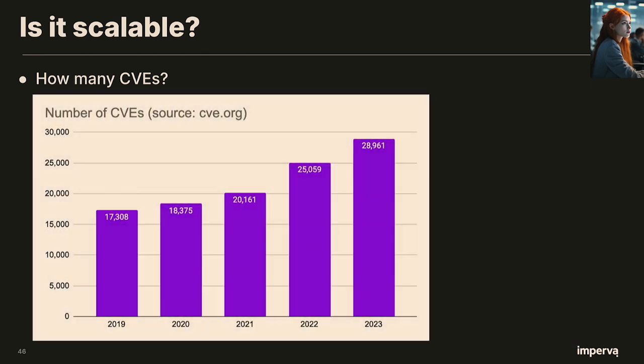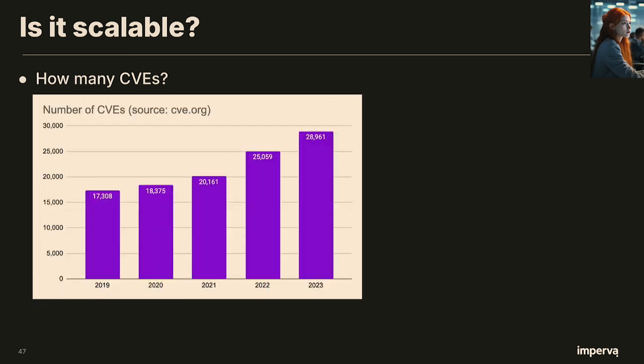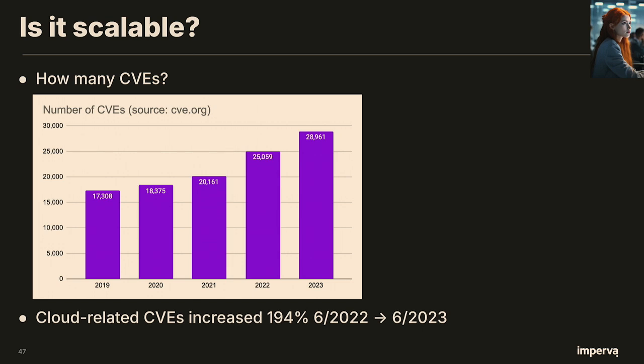And the answer is that, according to CVE.org, we have something like 100 vulnerabilities that are published every day. And it's, of course, increasing with time. So according to one research, from 2022 to 2023 in June, it increased twofold.